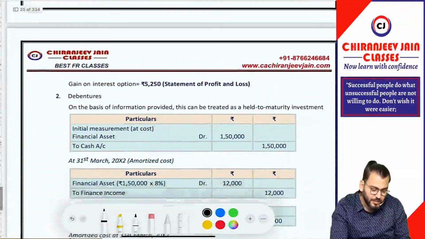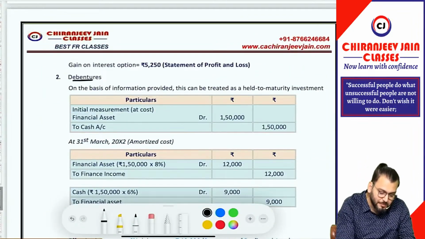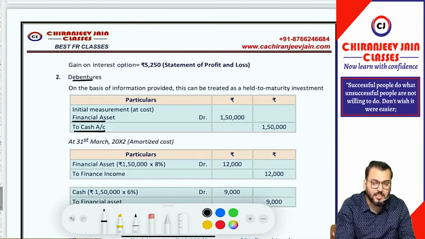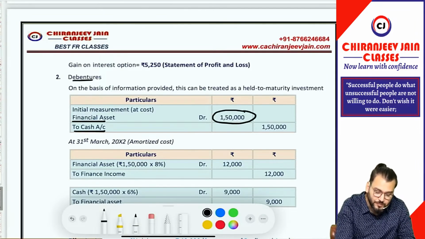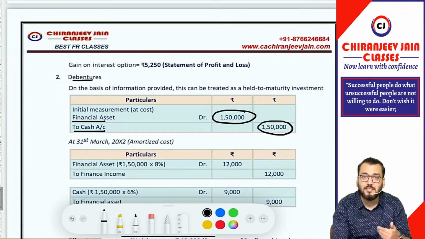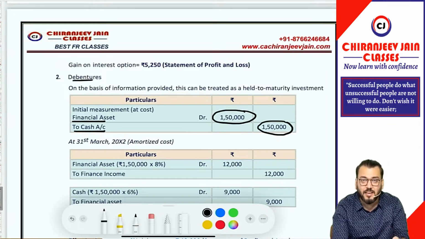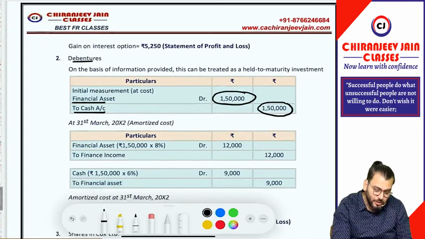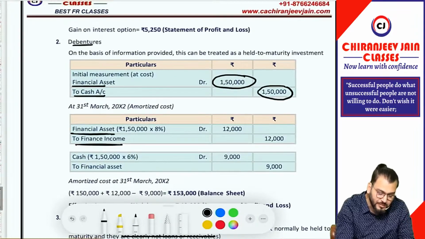First for the debenture, financial asset account debit to bank 1,50,000. Then we recognize interest income on such financial asset by applying EIR: financial asset account debit to interest income at 8%, 12,000.